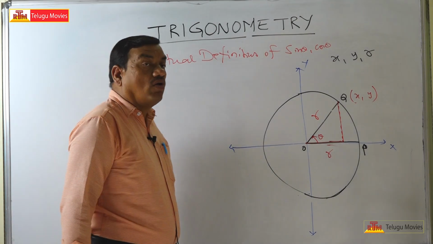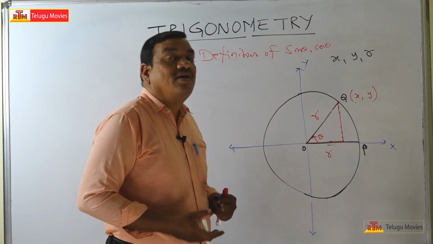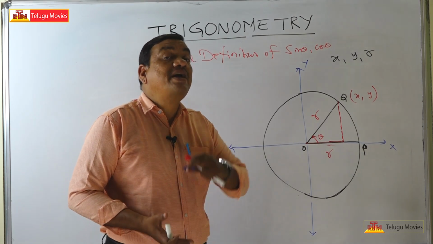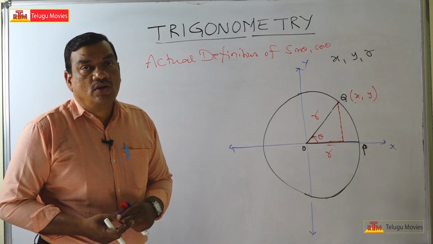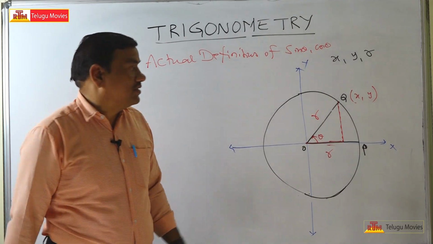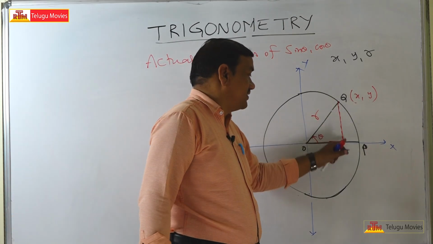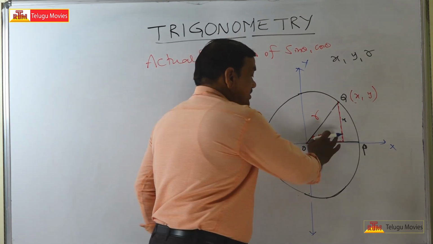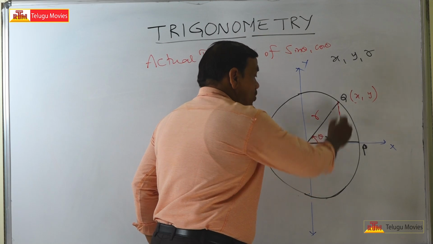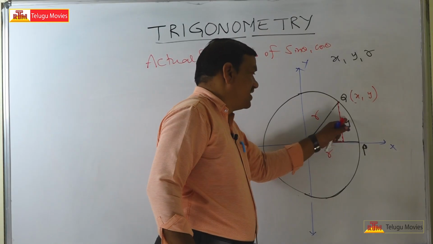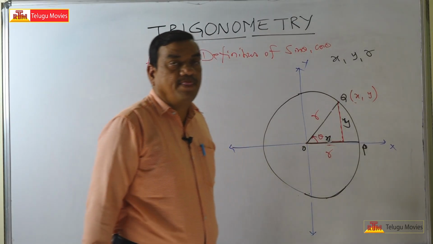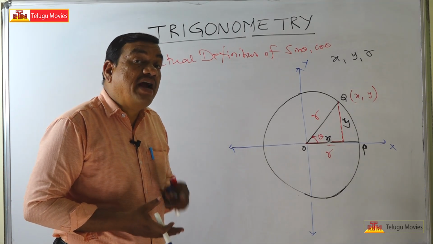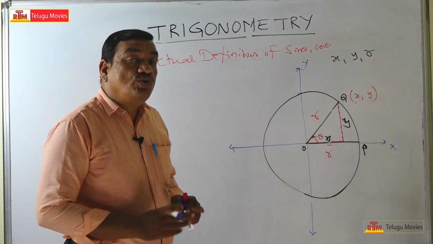Ratio means what? Comparison of any two quantities of the same units by division is called a ratio. Here x is a length, y is also a length, and r is also a length.